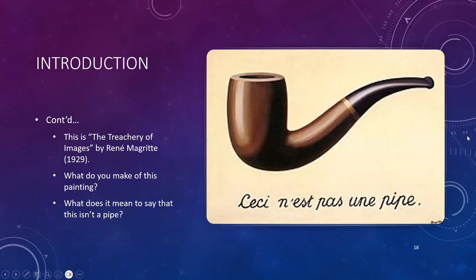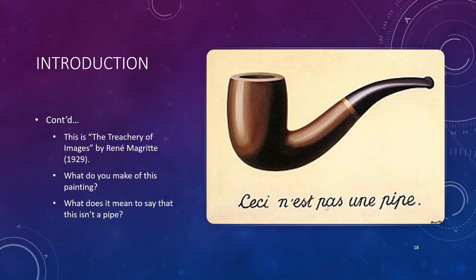Has anyone ever seen this painting by Magritte, the Belgian surrealist artist? It's called The Treachery of Images. Nice. Yeah, it's a good painting. I love this painting, actually. I like the surrealists and the Dadaists and those guys. Great. I'm really glad, because I will explain it to you.